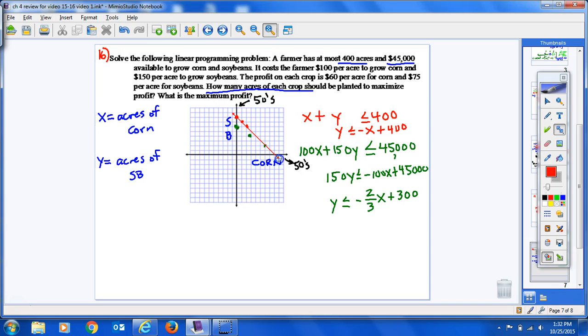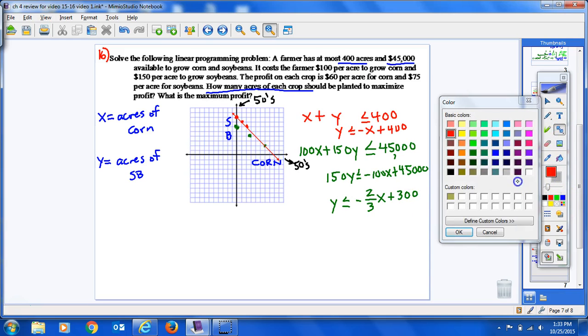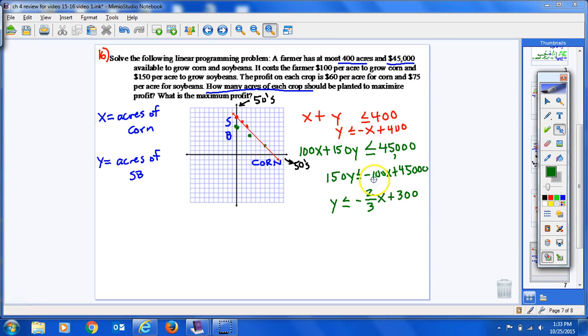I know they should cross there. Okay. And now the green. Okay, I like that a lot better.